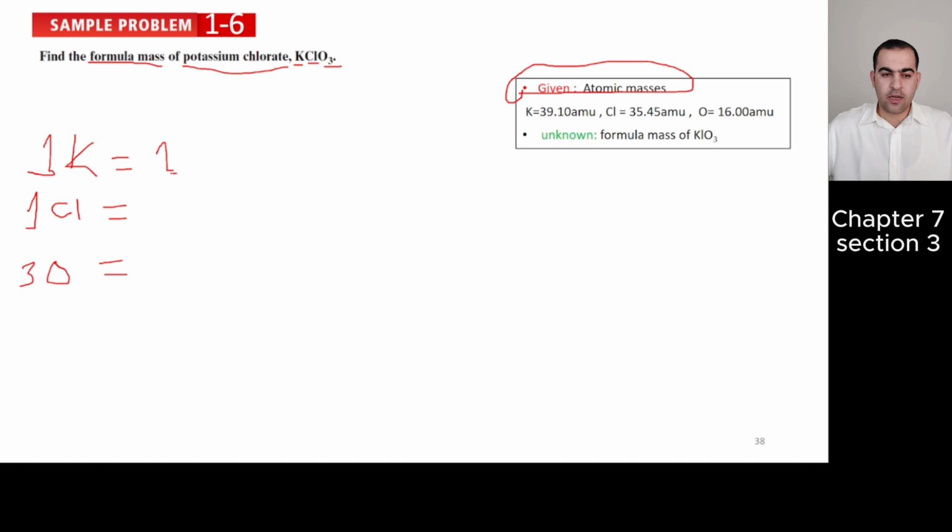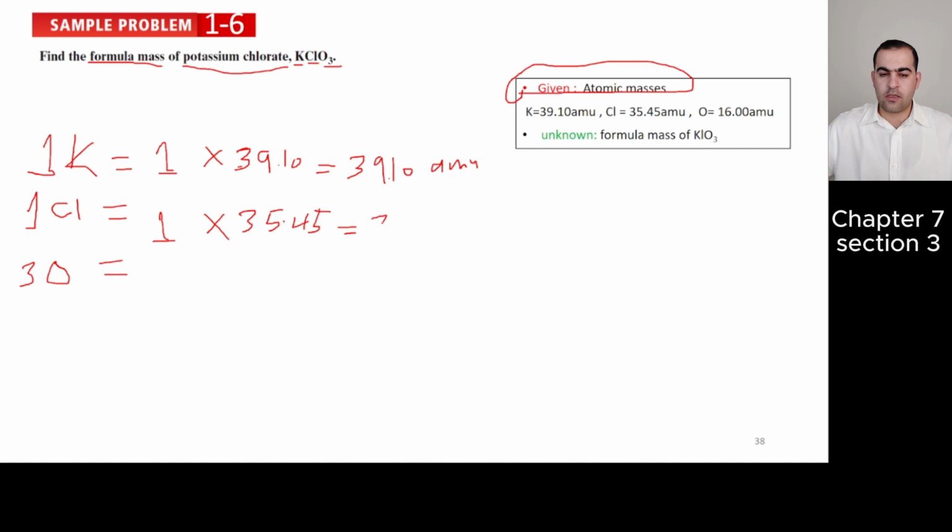So 1 times what? The atomic mass of 1 potassium atom. 1 potassium is 39.10, so 1 times 39.10 is 39.10 AMU. 1 chlorine, 1 times the atomic mass of chlorine, is 35.45 AMU.